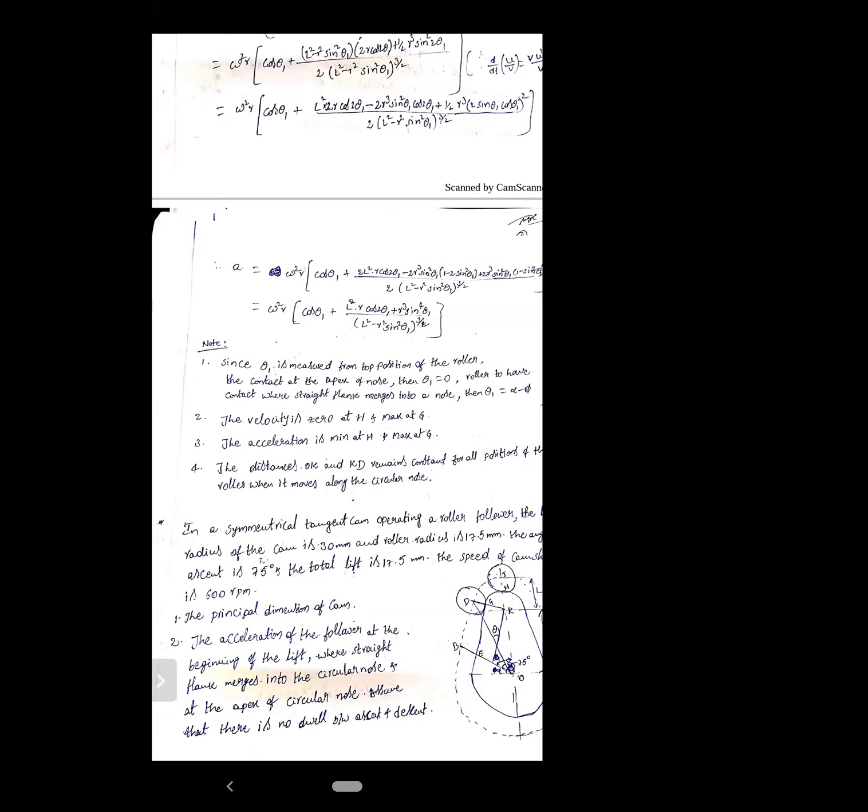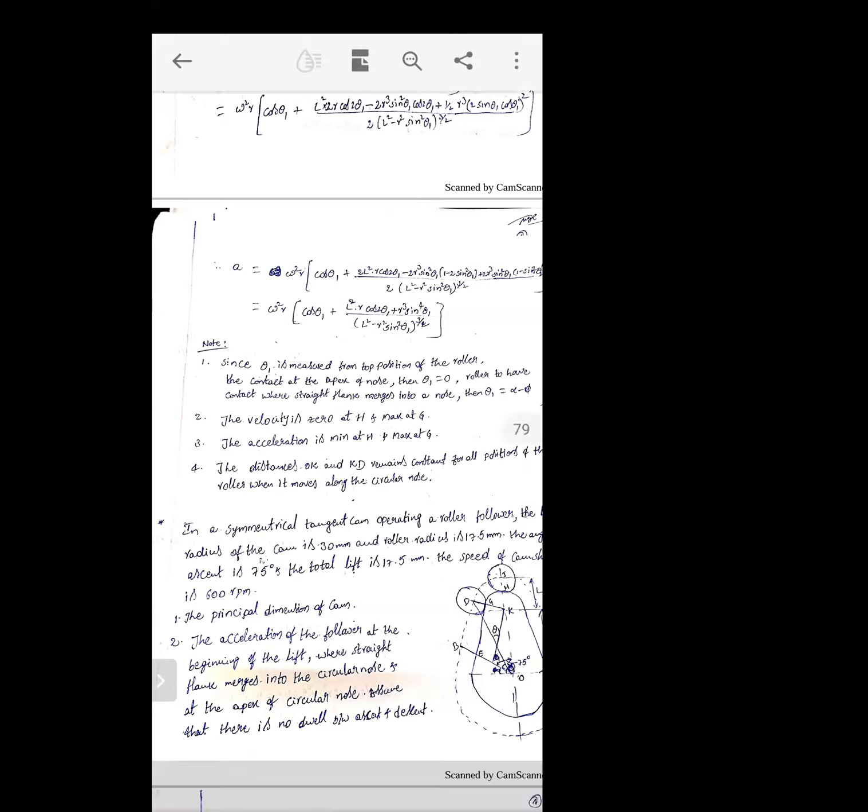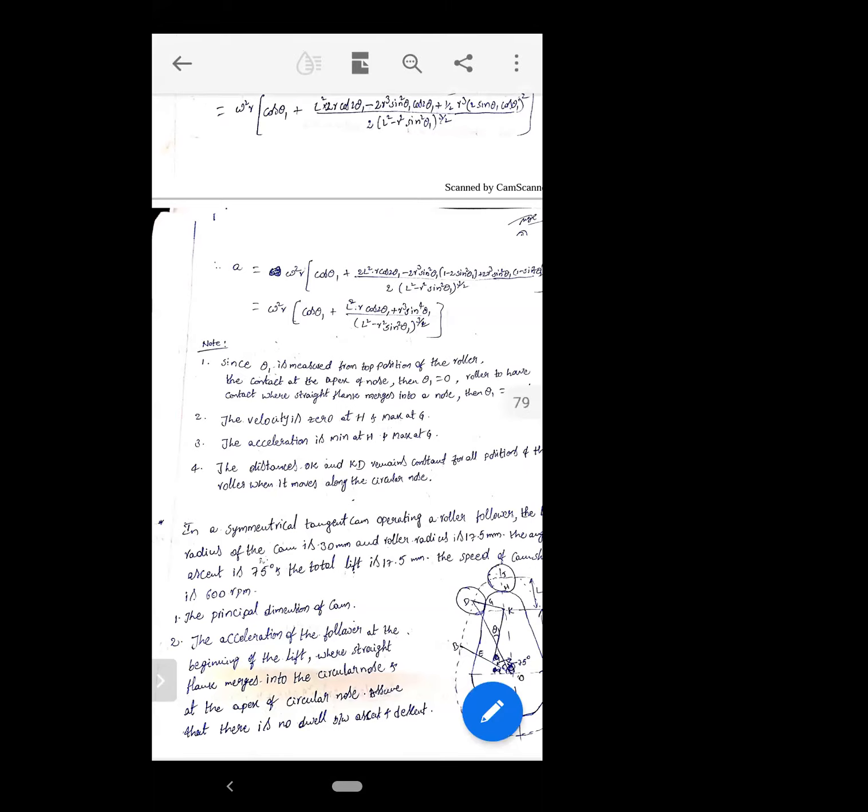When the roller is at the apex position of the nose, that is when it reaches the D to J position, theta 1 is 0. At the initial position theta 1 equals alpha minus 5, they may also say in the statement.